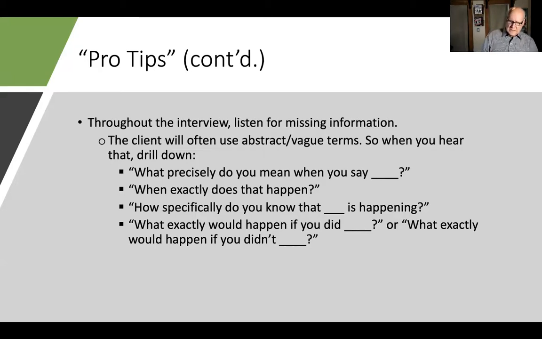We don't dare do that. Oh, okay, I think I'm following you. What exactly would happen if you did do it? So you're finding out this missing information, you're testing, you're drilling down, you're going for observable, measurable, actionable, sensory specific, concrete detail at all times.